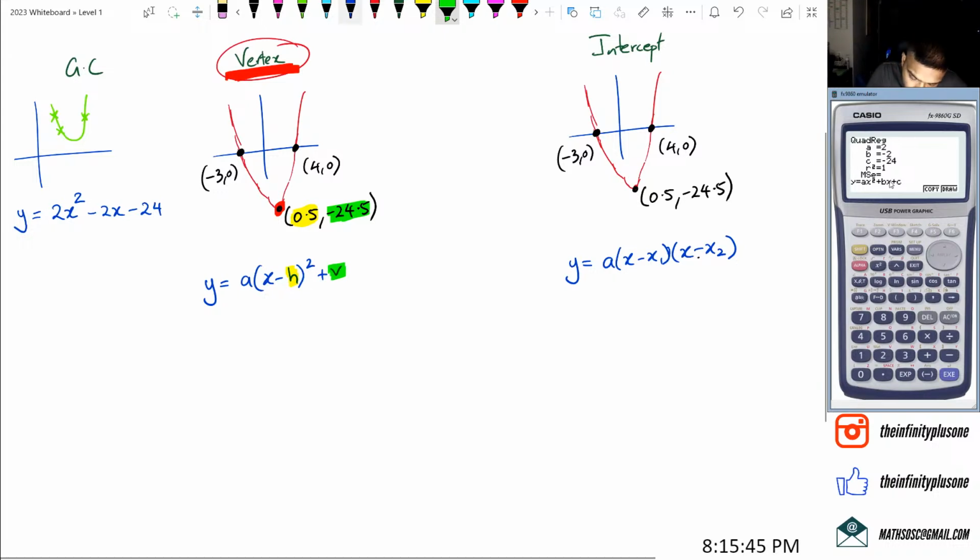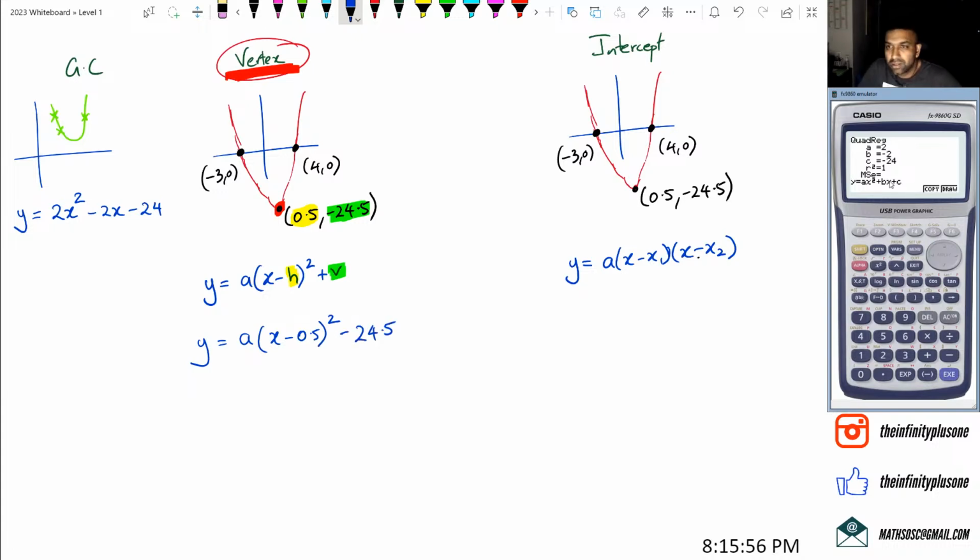So all you have to do is write down y is equal to a, x minus 0.5 squared minus 24.5. This is probably one of the easiest steps you're going to do with vertex form.